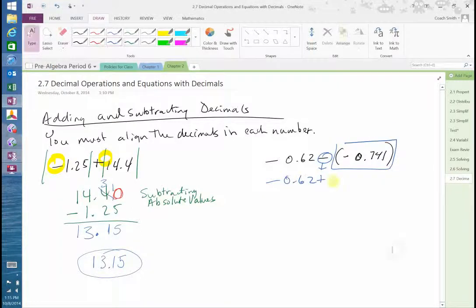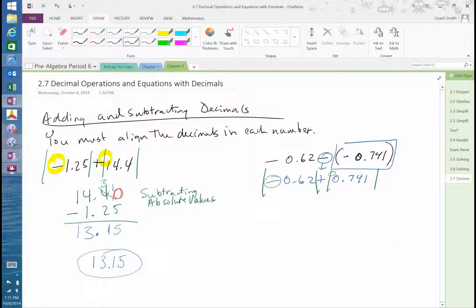The opposite of that number is 0.741, positive, because it was a negative there. Okay. Then next we have a negative and a positive, so we have to take the absolute value of those two numbers.